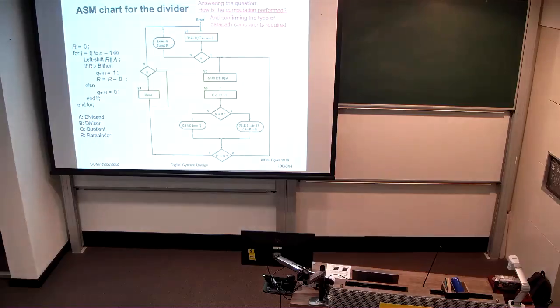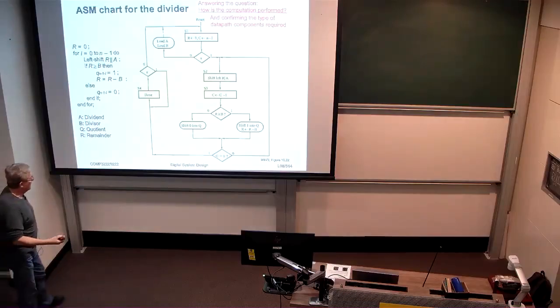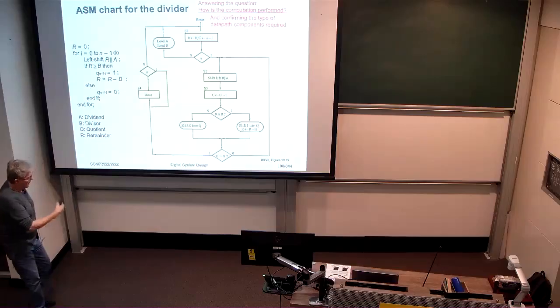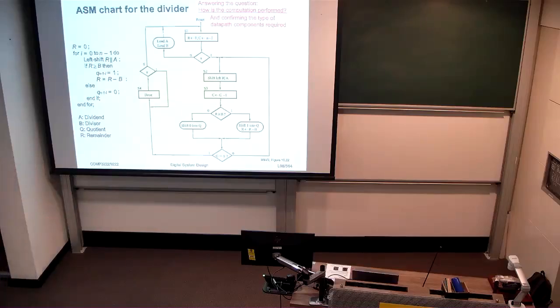The way the ASM chart is being constructed, first we shift the first bit of A into R. Always the most significant bit that's remaining of A gets shifted into the least significant bit of the R register. And then we perform this check of whether we can deduct B from R.